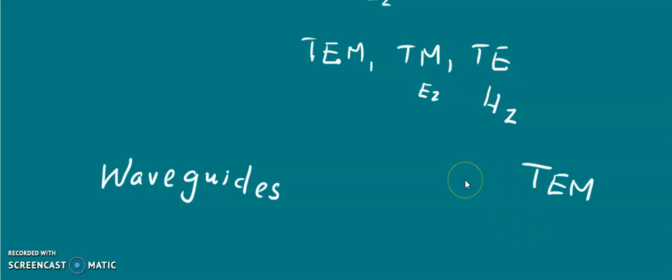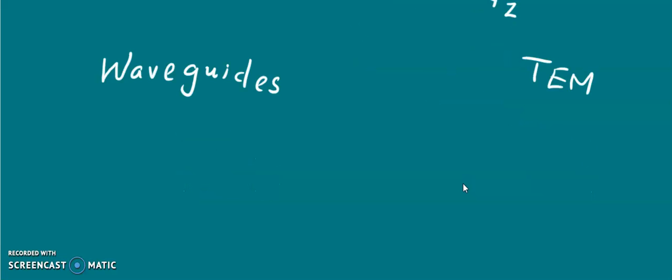And the characteristic property of these modes is that they have a cutoff frequency. That means the waves of frequencies below the cutoff frequency cannot propagate. So, only those waves having frequencies greater than or equal to the cutoff frequency can pass through the waveguides in the case of TE and TM mode.